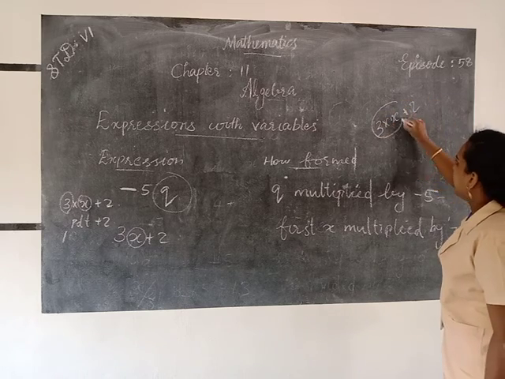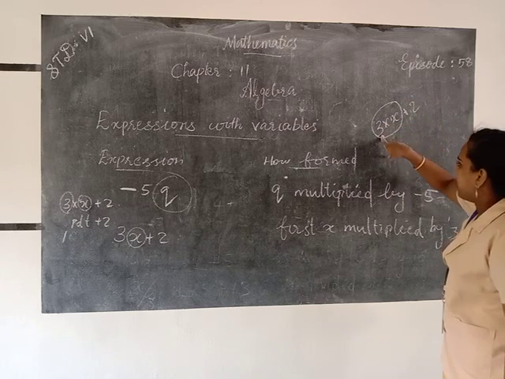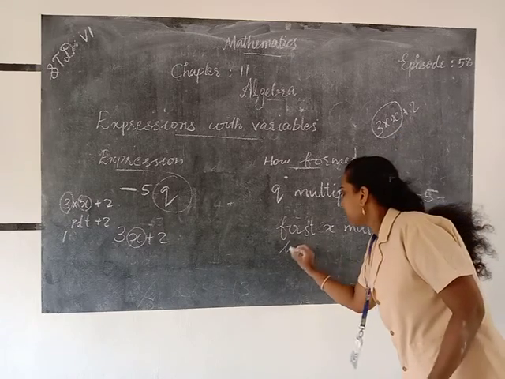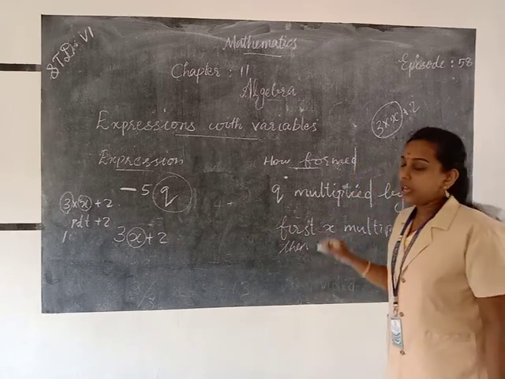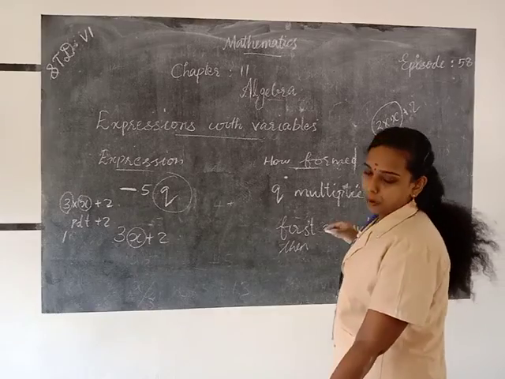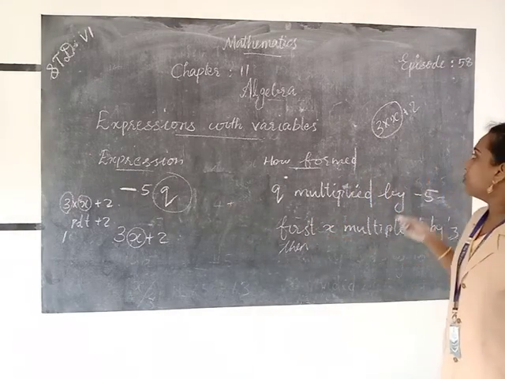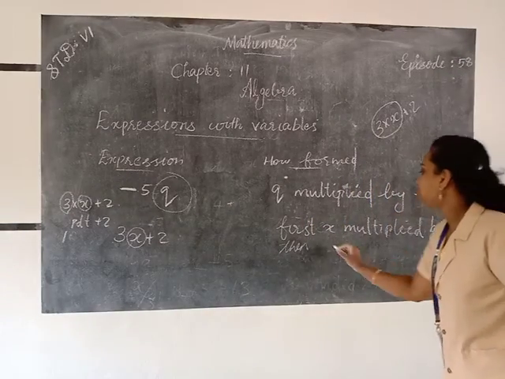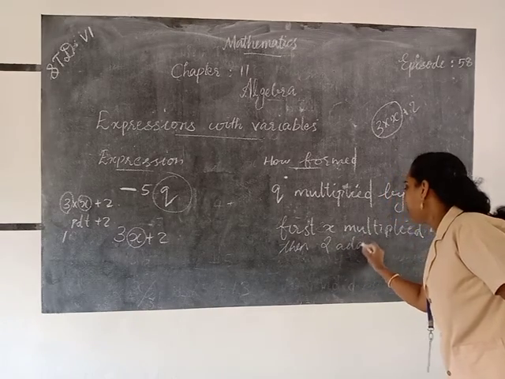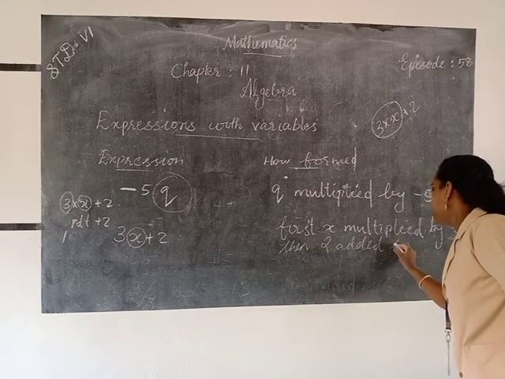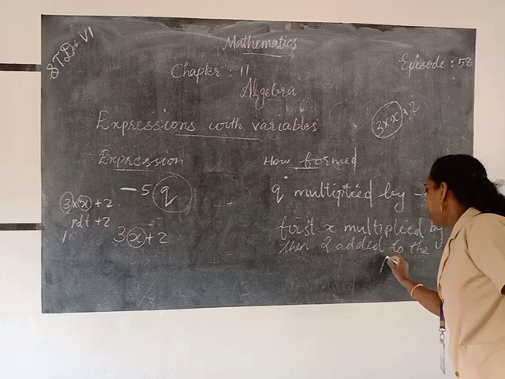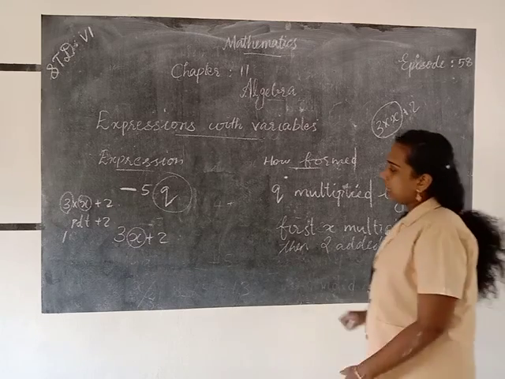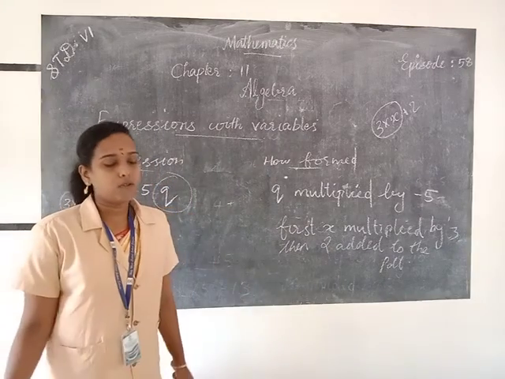So first we multiply x by 3, then we add 2 to the product. Then 2 is added to the product. Okay, then the expression is formed.